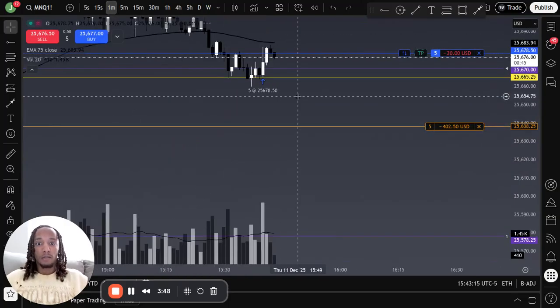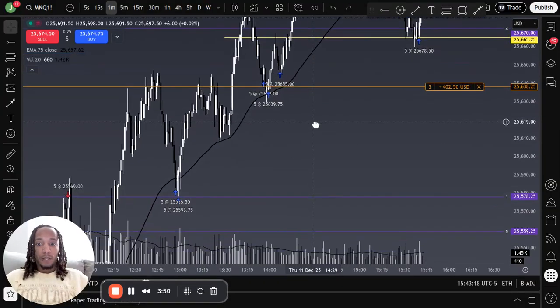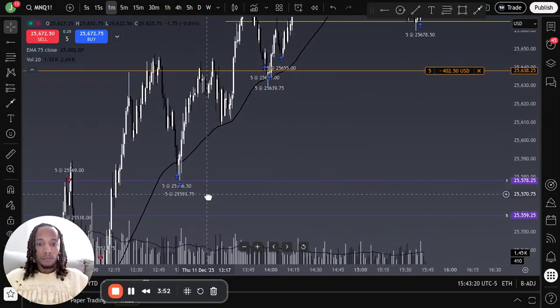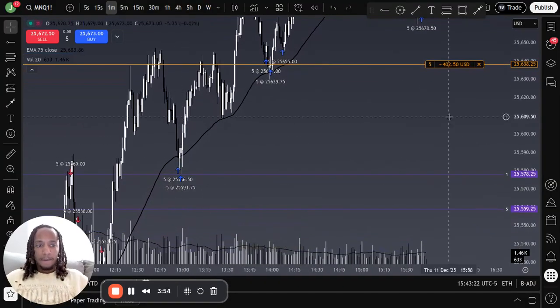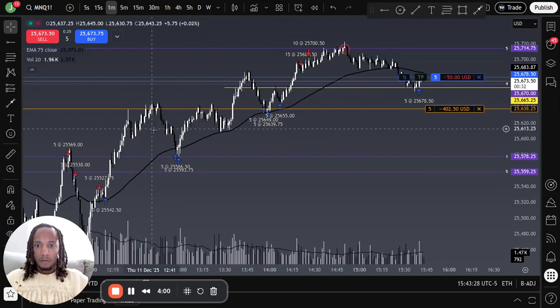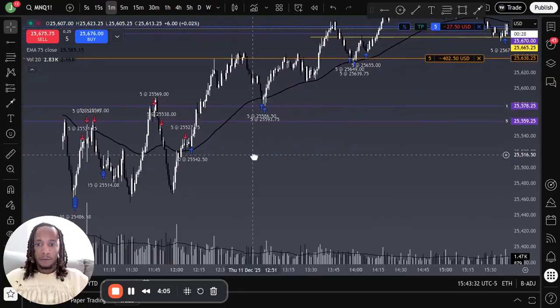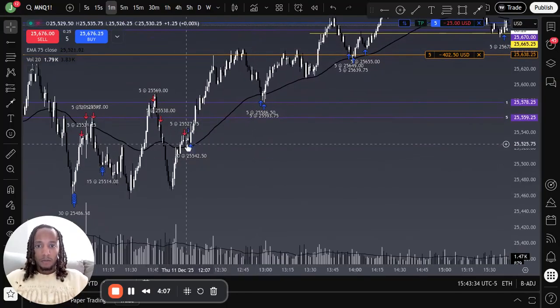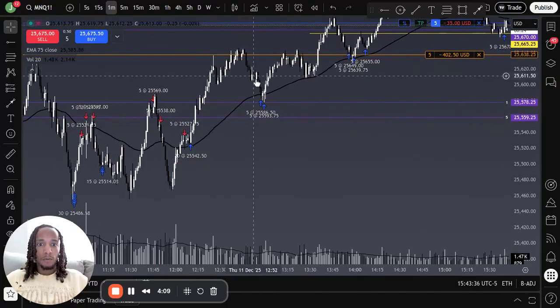So now I kind of get into this entry here. Let's see, earlier. Let me see. Because obviously price is bullish here. We can see price running bullish here, and then we get this retrace.